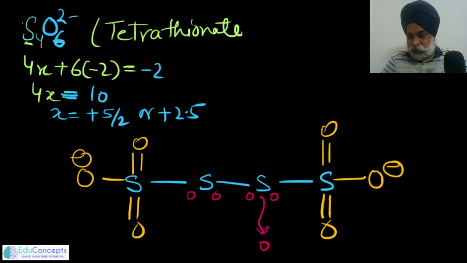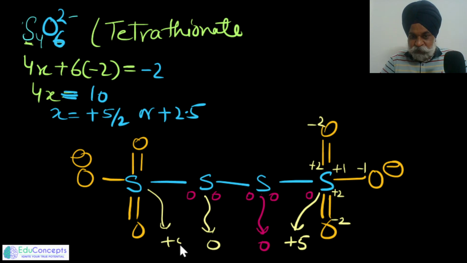In this particular bond it is 0 oxidation state on both the sulfurs because they are of the same nature. From here it is +2, -2 because oxygen is more electronegative. Here also +2, -2. And in the single bond this is +1, this is -1. So the oxidation state for this comes out to be +5. For this it is 0 and for this it is +5. So the 4 sulfur atoms have +5, 0, 0, +5, and the average oxidation state comes out to be +5 by 2.